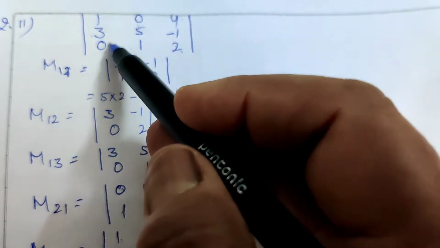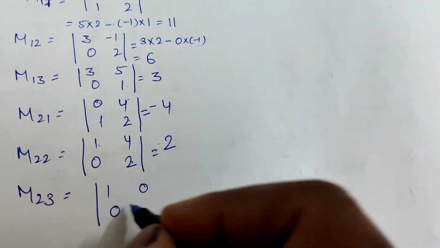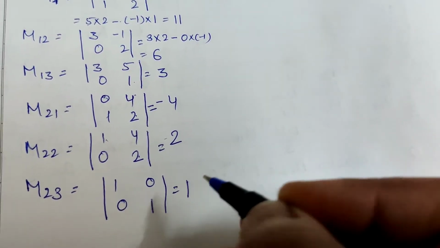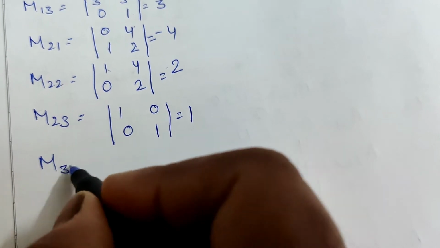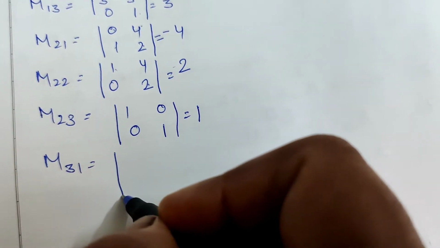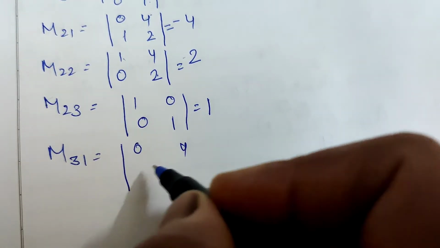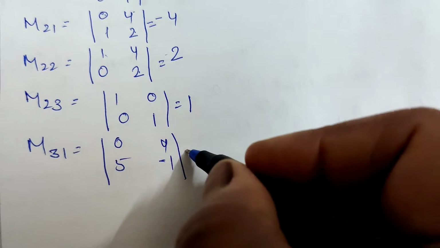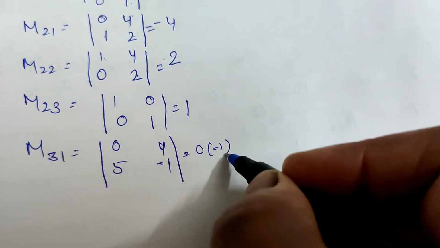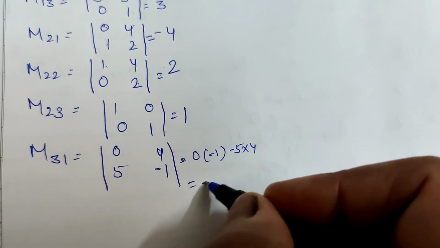It means 1 3, 4 minus 1. Now minor M31. Eliminate third row, first column. It is 3 0, 5 1. Multiplying 3 into 1 minus 0 into 5, it is 3.